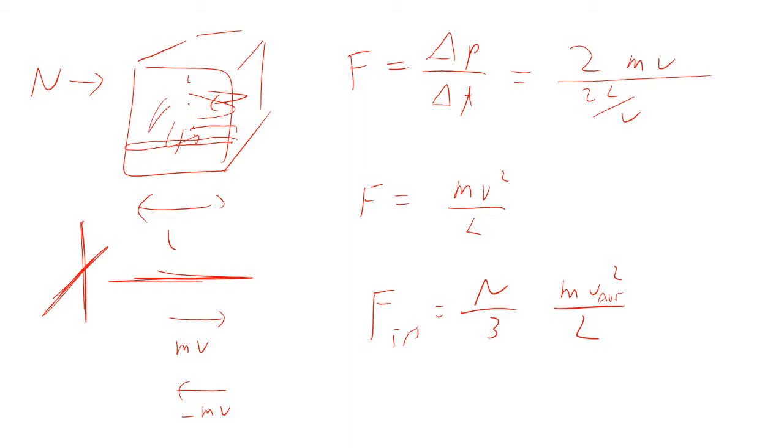All right, now, next thing we want to think about is that we've got the average velocity in here, and so the force is n m v average squared over 3L. Pressure, imagine this thing being a cube, so L by L, so pressure is force over area.